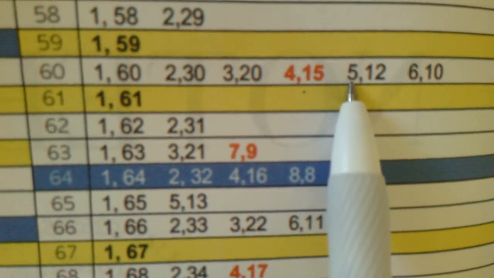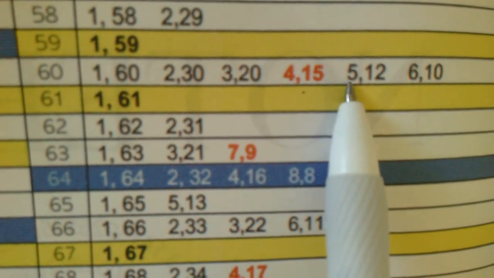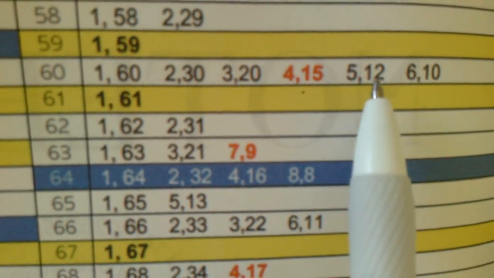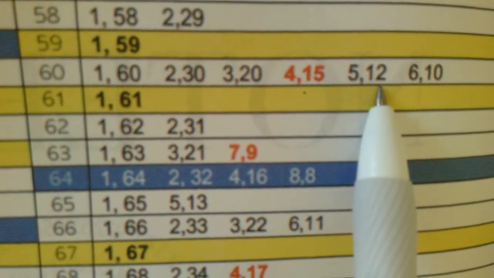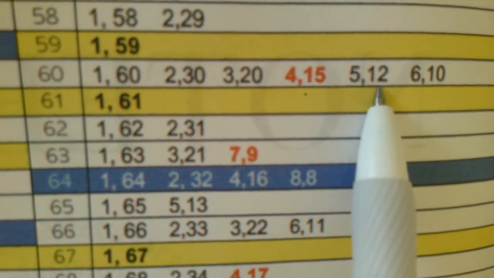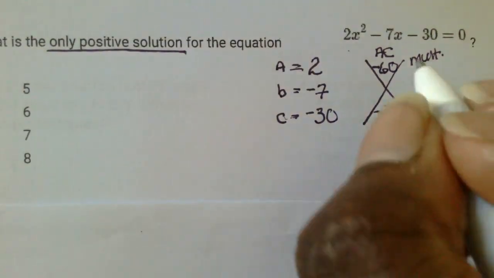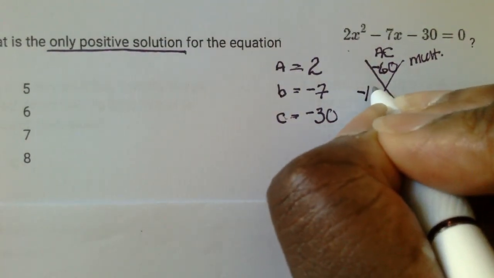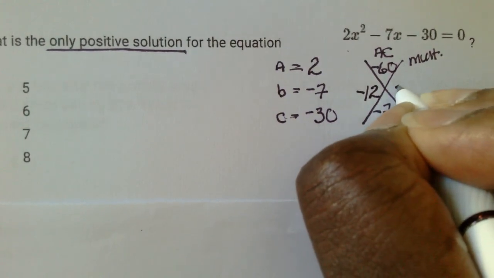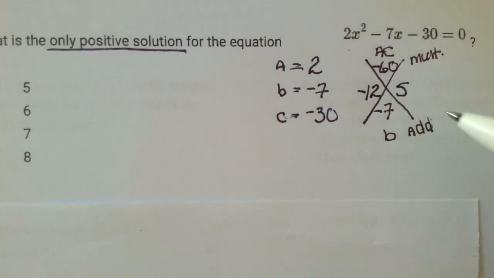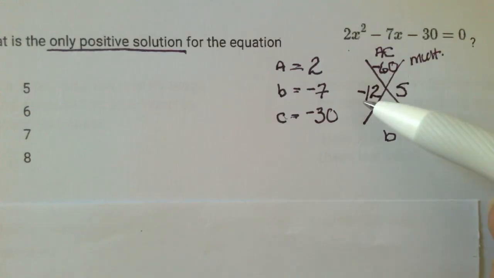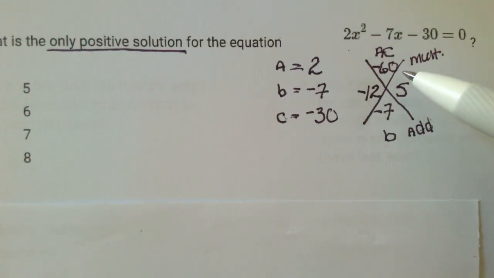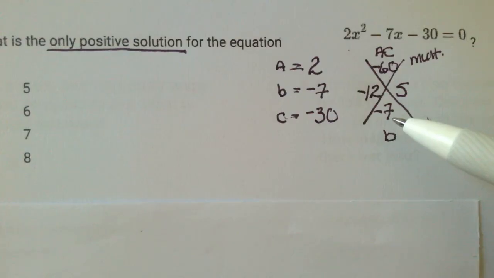If I make the 5 negative, 12 and 5 will give me a positive 7. So that means the 12 has to be negative, because we have negative 12 and positive 5. Because we're looking for two numbers that multiply to give me a negative 60, and the same two numbers add together to give me a negative 7.